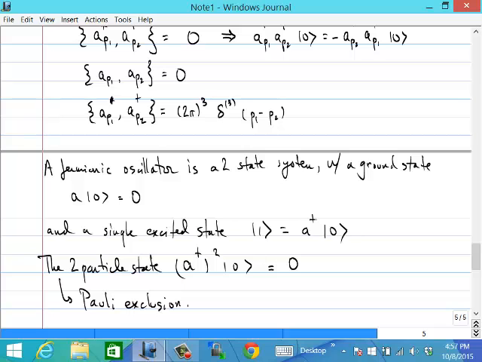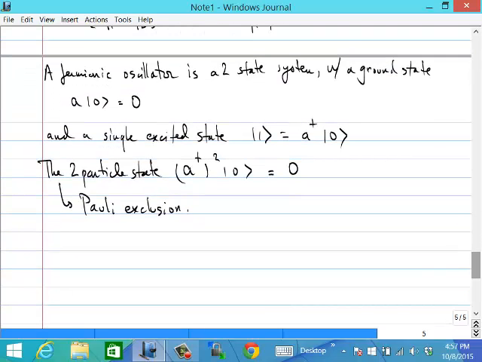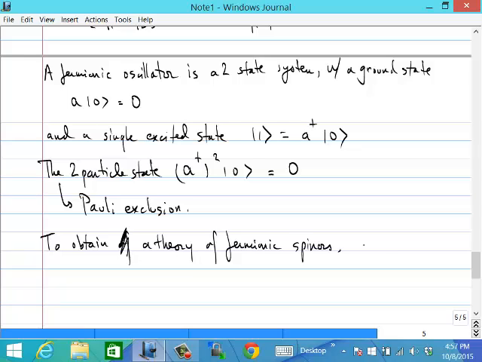So, indeed, to obtain a theory of fermionic spinors, the a's and b's must be taken to obey anti-commutation relations.